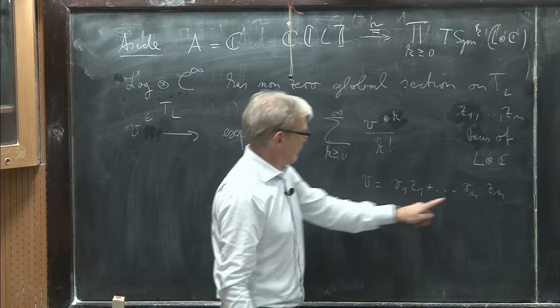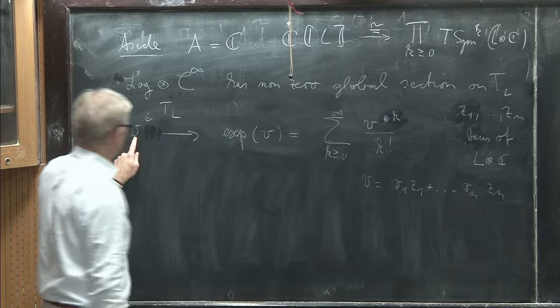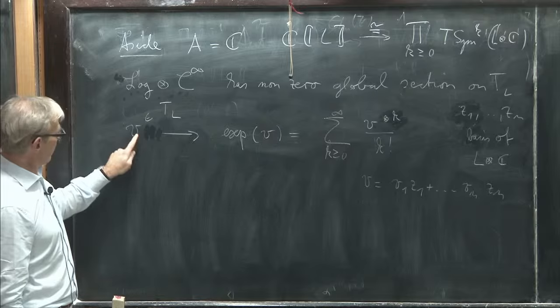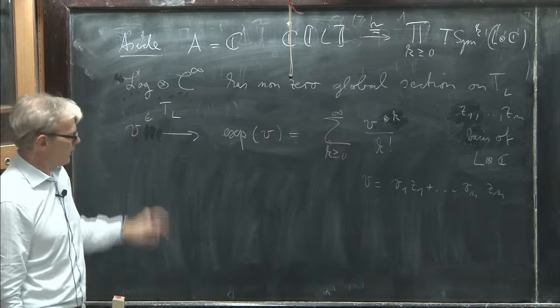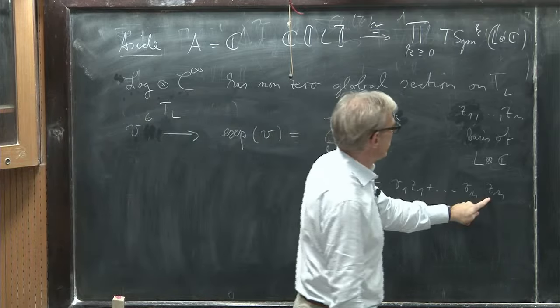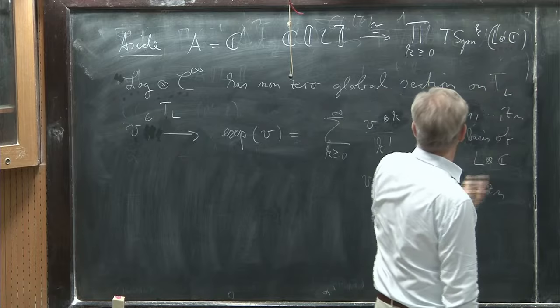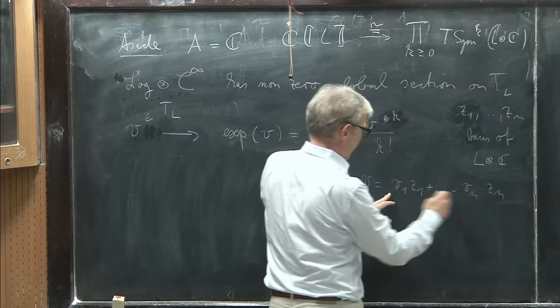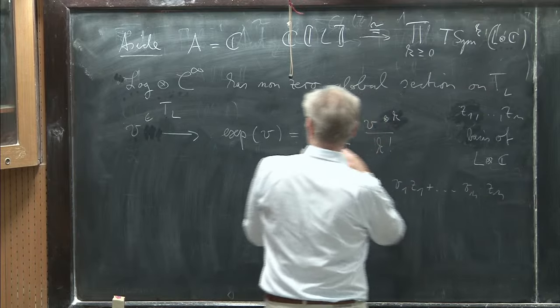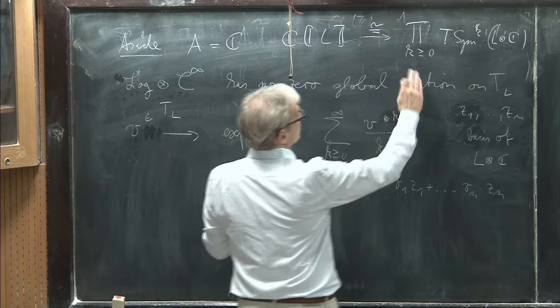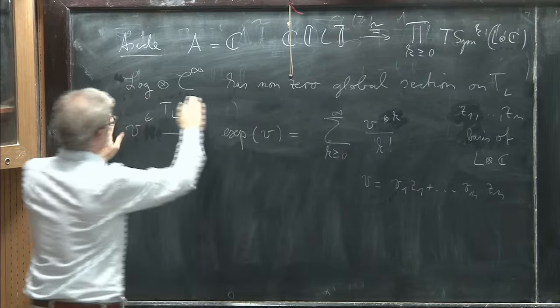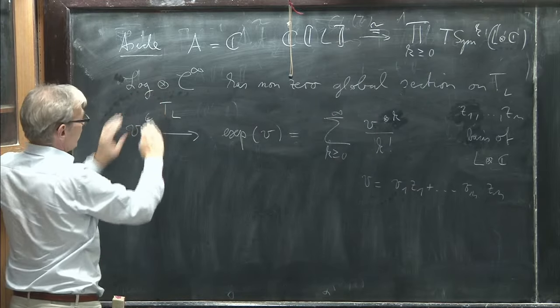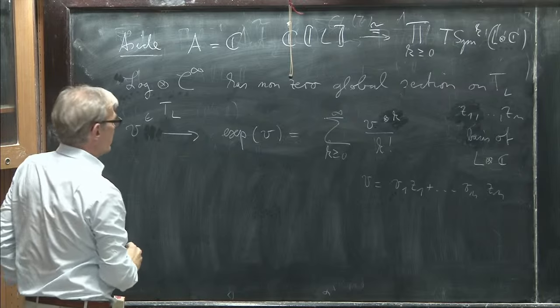And the V1 up to Vn are somehow C infinity functions in terms of the point on the torus, and Z1 up to Zn are the variables here. In this way, you get a C infinity map from the torus to this bundle, and this trivializes it.